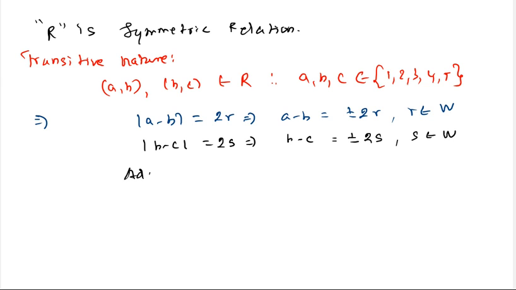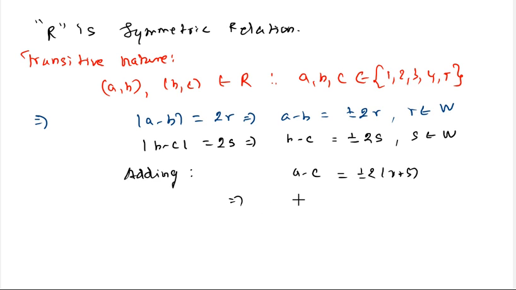Adding both, minus B plus B cancel. A minus C is plus or minus 2R plus S, that is plus or minus 2 into R plus S, so another whole number.